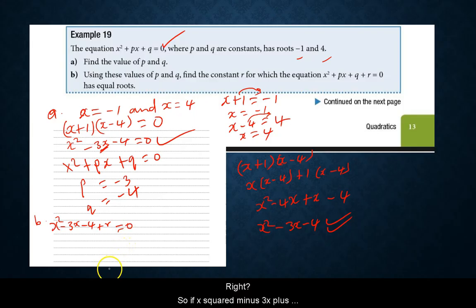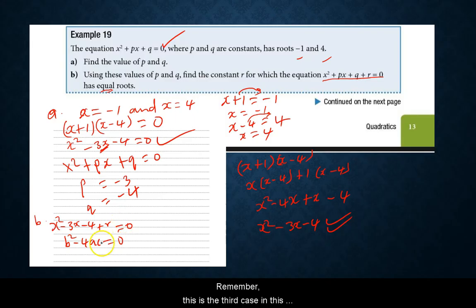Because we are told to find r for which this equation has equal root, then and only then our discriminant b squared minus 4ac must be equal to 0.